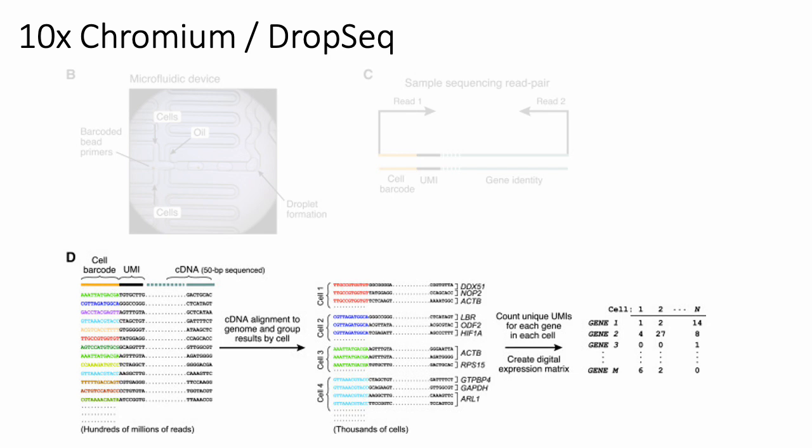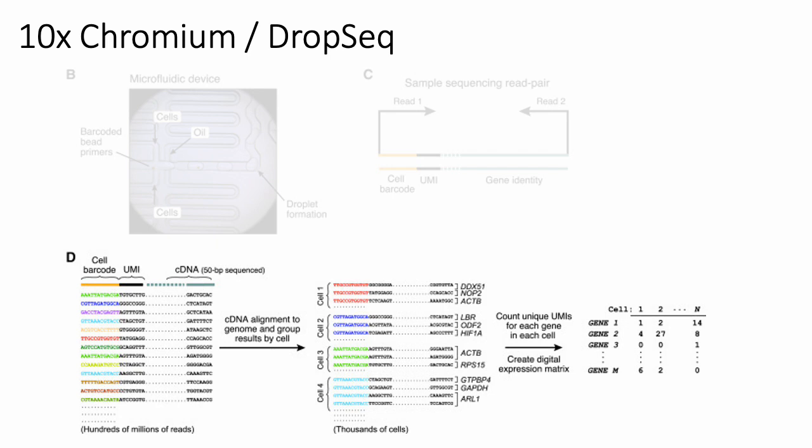And so even if certain cDNA molecules get amplified more often than others, you'll be able to tell what that amplification bias is, because if, say, the first cDNA molecule was amplified 10 times more frequently than the second one, you'll see the UMI barcode for the first cDNA molecule get sequenced 10 times more than the second one.